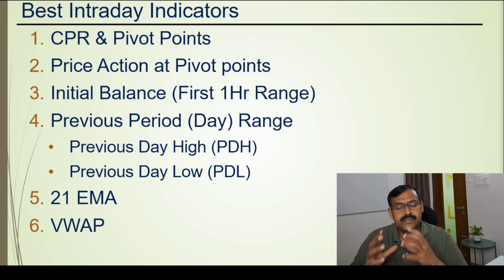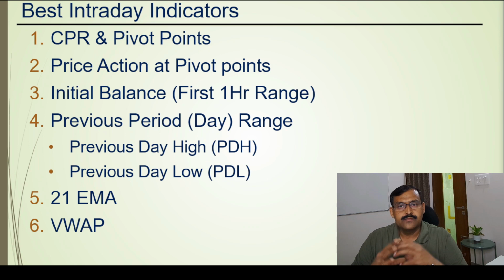Next one is the initial balance. That is the first 1 hour range of the market. This initial balance is going to give us a prediction of how the rest of the day market is going to behave. Next one is the previous period, that is the previous day's range. That is previous day high and previous day low.